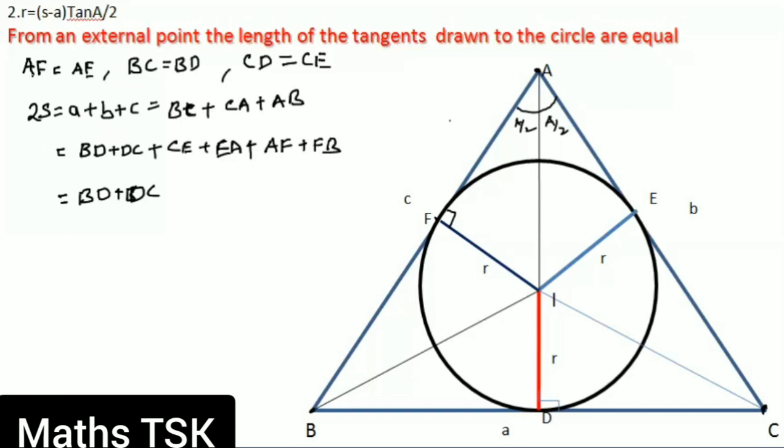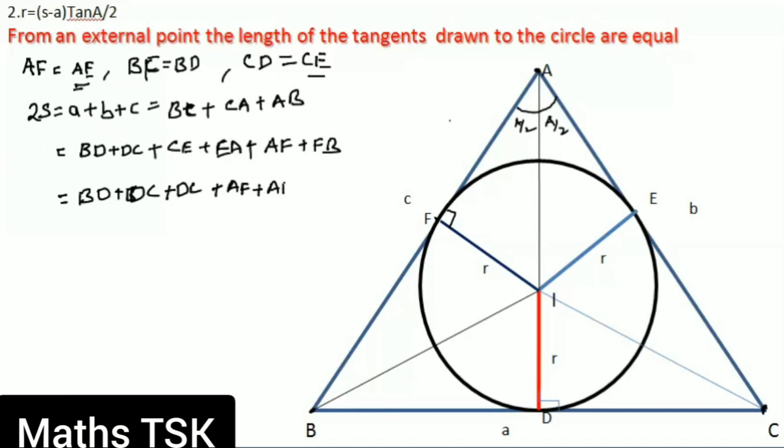Look here, AF is equal to AE, BF is equal to BD, and CD is equal to CE, correct. CE I can write as DC. EA is nothing but AF, I can write it as AF.